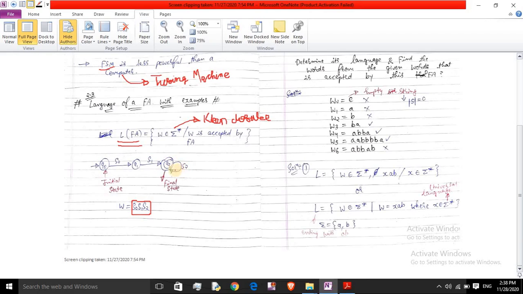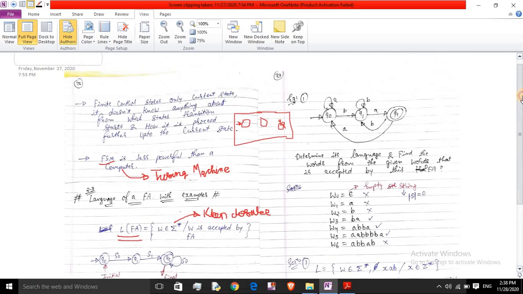On reading s2 we remain in the same state. This one is like an input symbol.